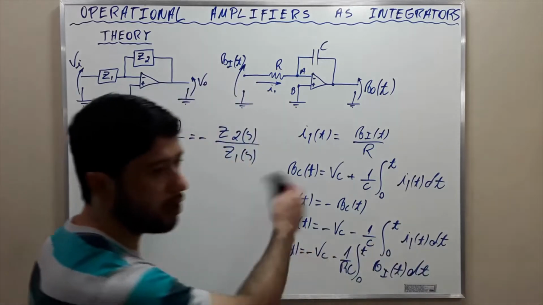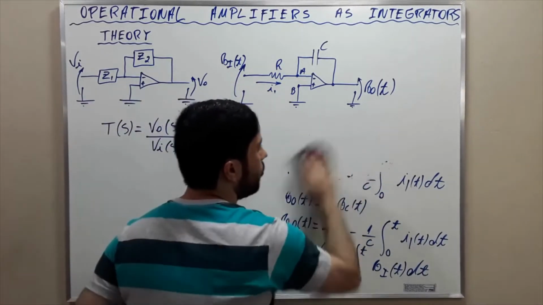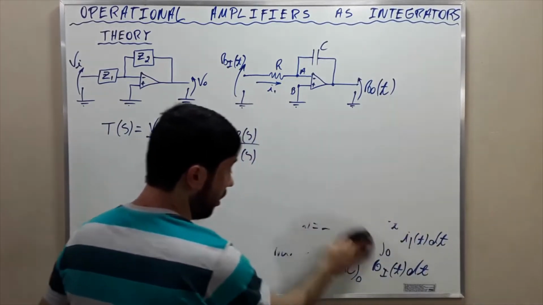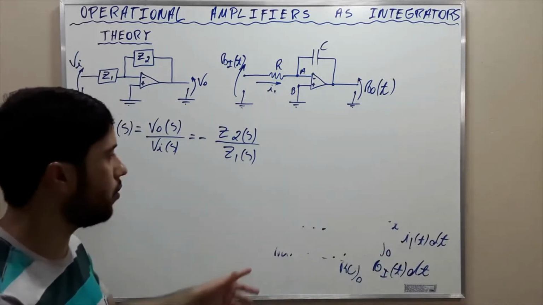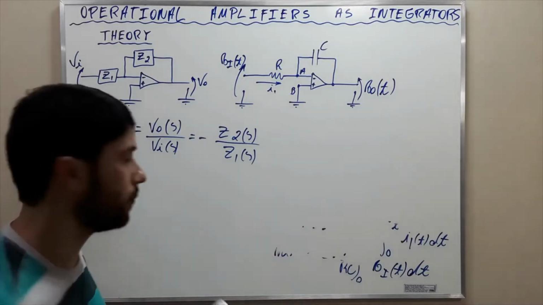Now let's express it all in the time domain. I am going to erase this. Okay, we just did that. We expressed this in the time domain. Now what we need to do is to express the same in the frequency domain.